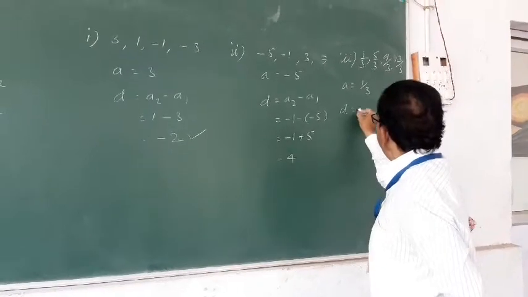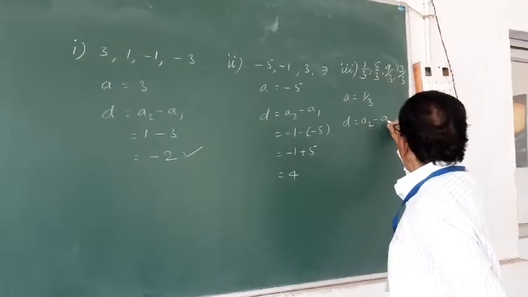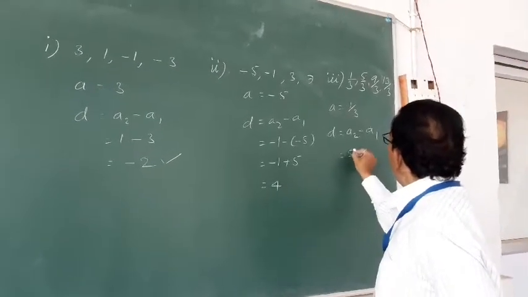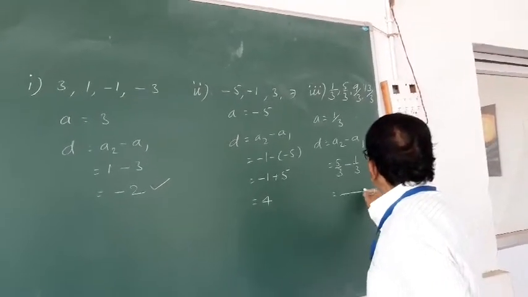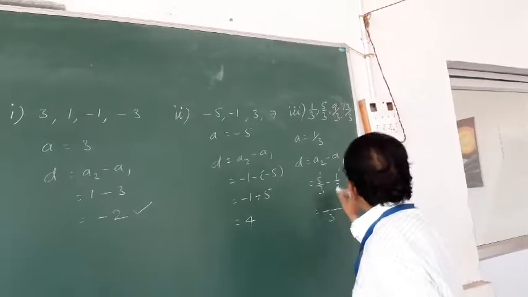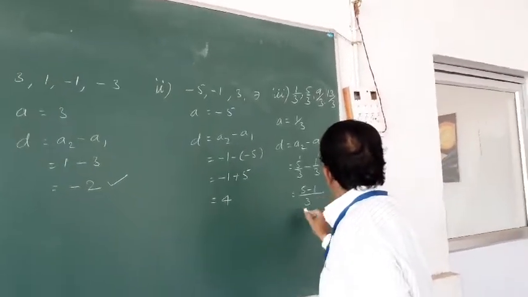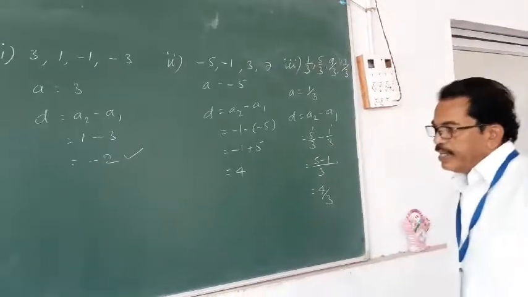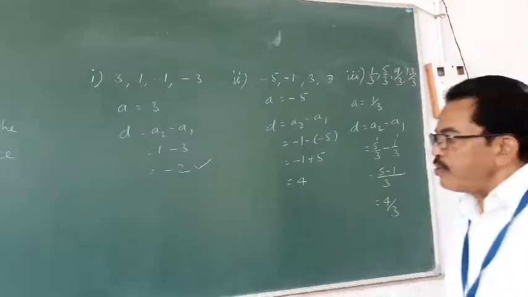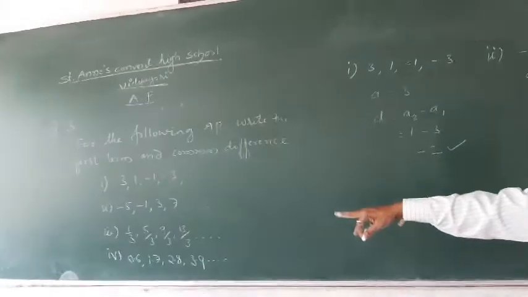Common difference D equals A2 minus A1. 5 by 3 minus 1 by 3. LCM is 3. 5 minus 1 means 4 by 3. Like that, you have to solve the fourth one.